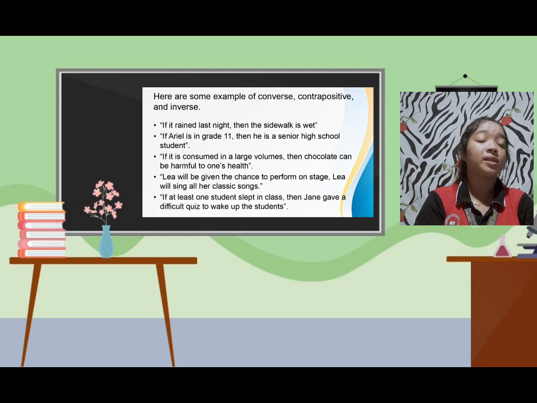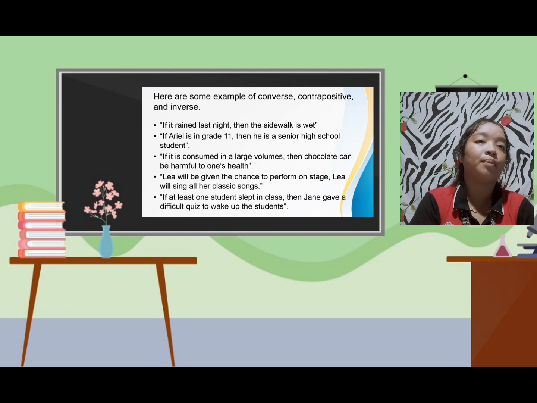So we need to find first the negation of P instead of the negation of Q. So if the statement is, if it rained last night, then the sidewalk is wet, our inverse will be: if it did not rain last night, then the sidewalk is not wet.